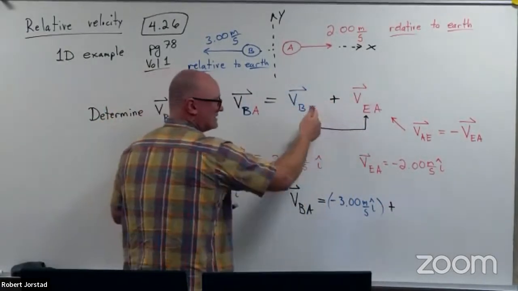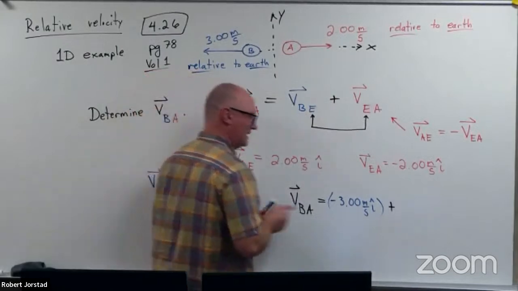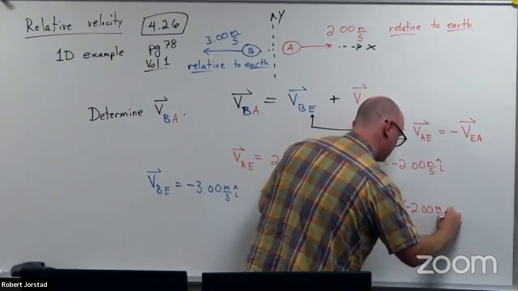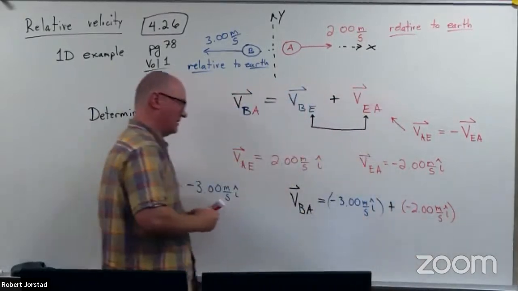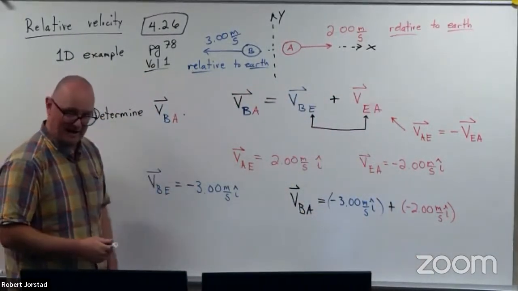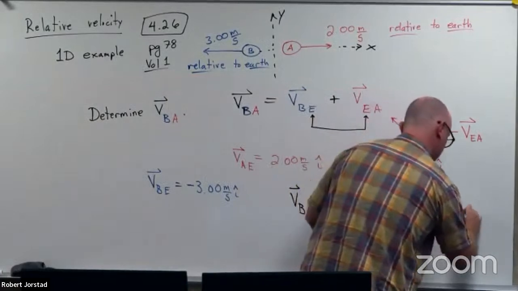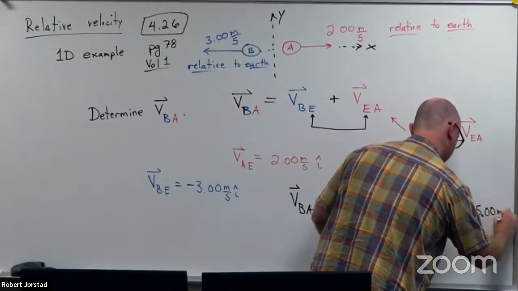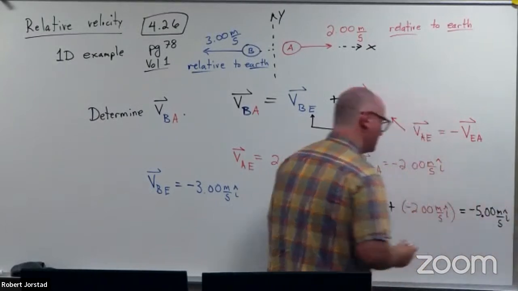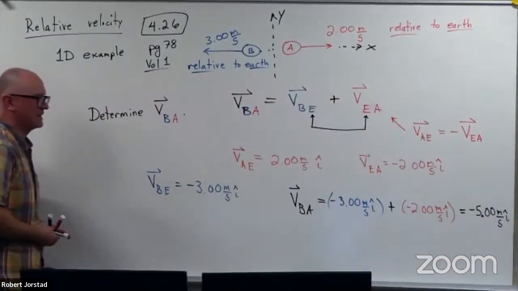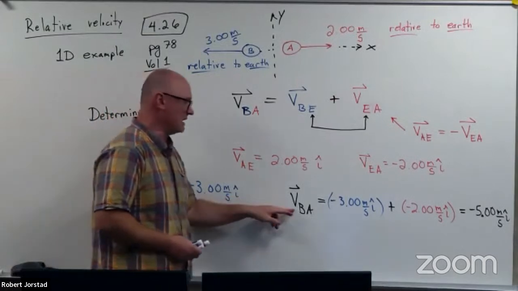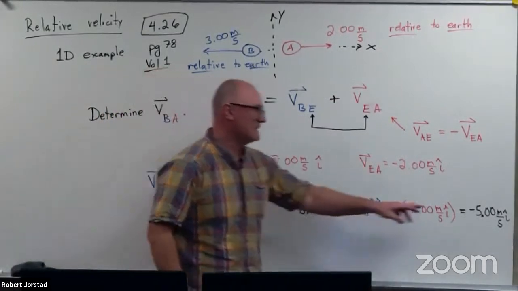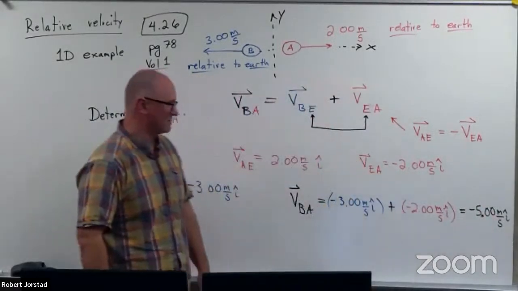I got to use this to squeeze out that E. And other people might do this other ways, but I am getting the right answer. All right, so we're saying that the motion of B relative to A is negative 5.00 meters per second.